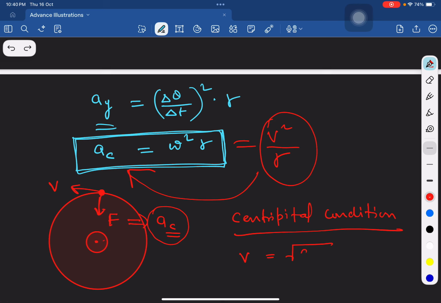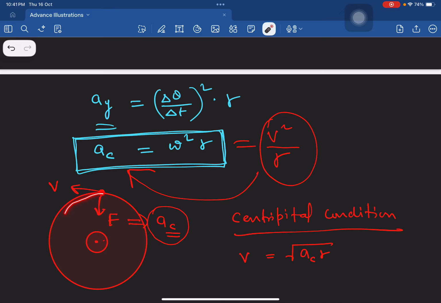If your velocity is balancing this, then only can you handle a particular orbit. If your velocity is not enough to handle this condition, then it will fall down, or it will go into a lower orbit and start circling in that orbit. That is going to be the case.